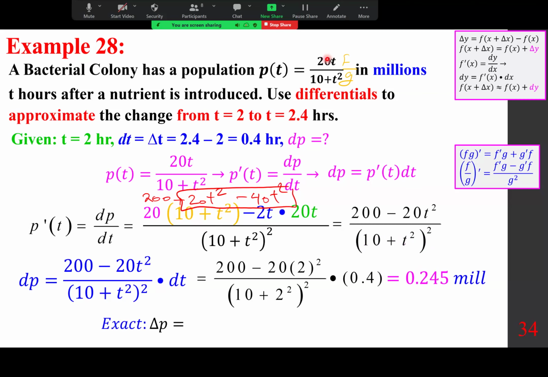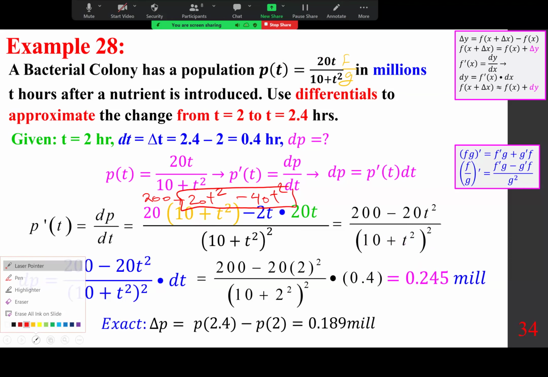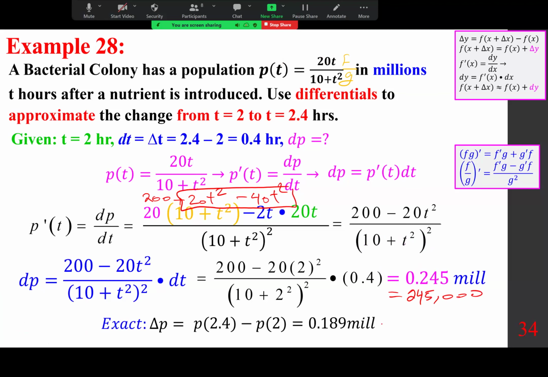Plug in 2, P of 2, evaluated. And the difference is the answer. And it's important to understand this means 245,000. This means 189,000 bacteria. That's the meaning of it.